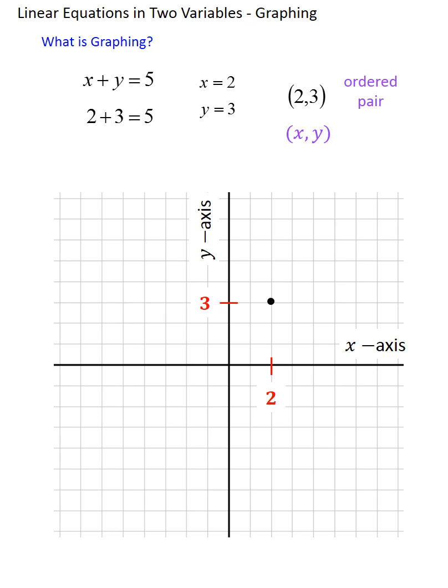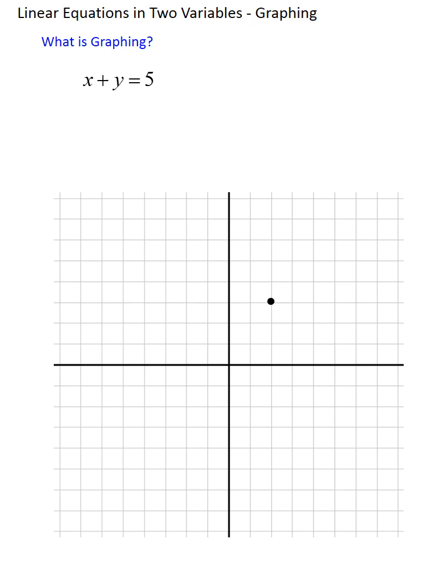In other words, that one single dot represents a single solution to this problem, the fact that 2 plus 3 is 5. But of course that's not the only solution.